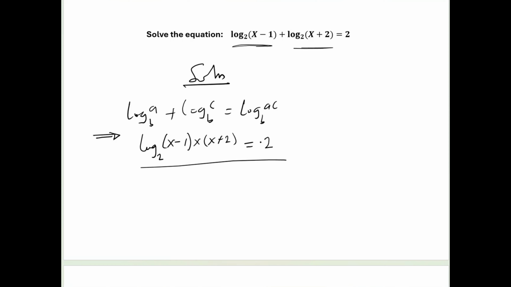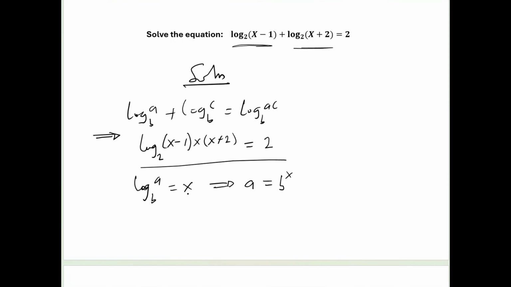What next? There's another rule that says that if you have log a to base b equal to x, it implies that a, the number whose log is taken, will be equal to the base raised to the power of that answer, which is x.